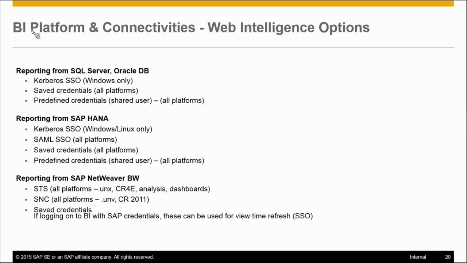Regarding SAP BW, you have to use STS or SNC, the security model, which are the traditional mechanisms with BW and NetWeaver. So this is fully integrated and fully part of the BI platform.